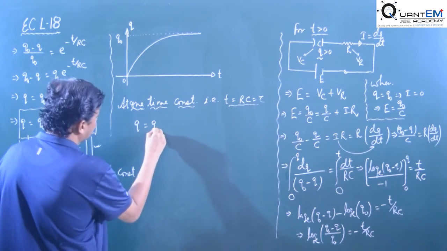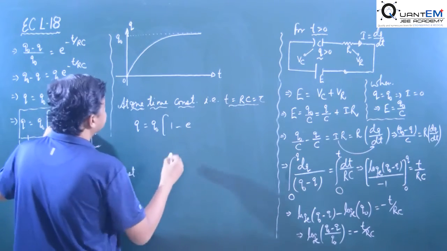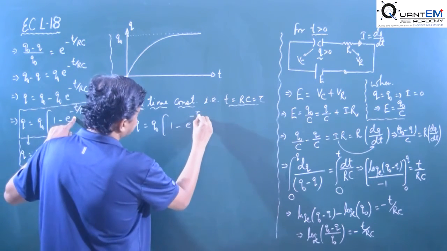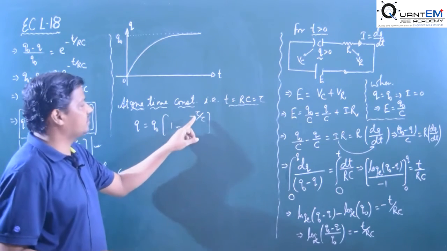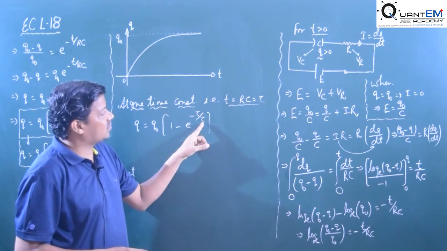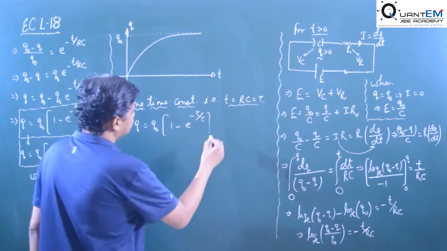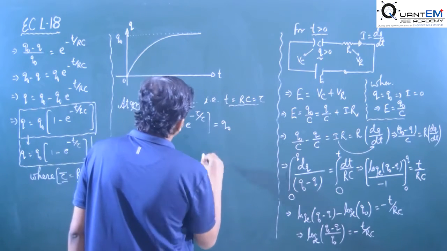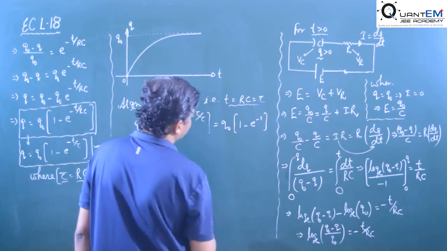Q is equal to Q naught, one minus e to the power minus tau by tau. It is one time constant. If we are given 2 time constants, then write it as 2 tau by tau. If we have 5 time constants, then write it as 5 tau by tau. Okay, to get the result, Q naught e to the power minus 1.